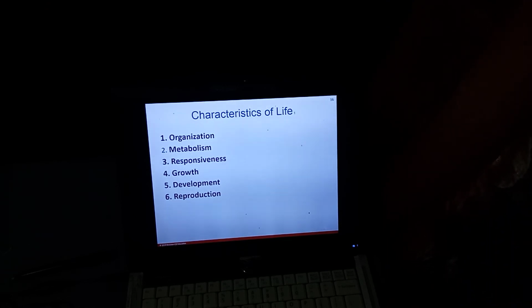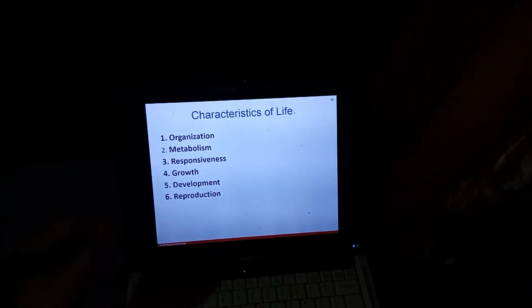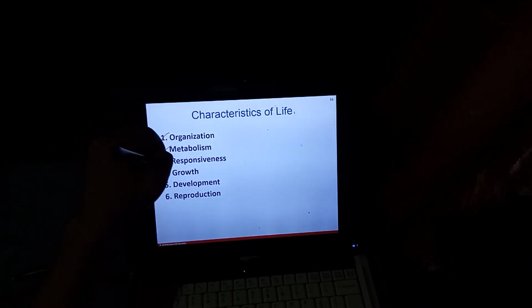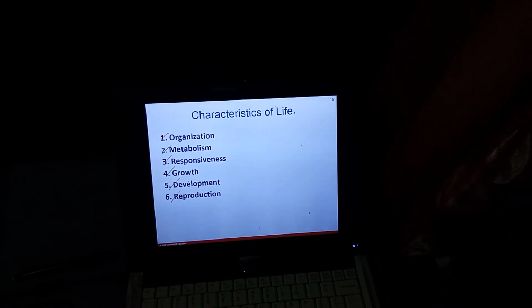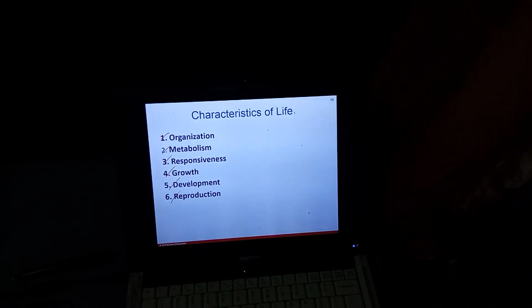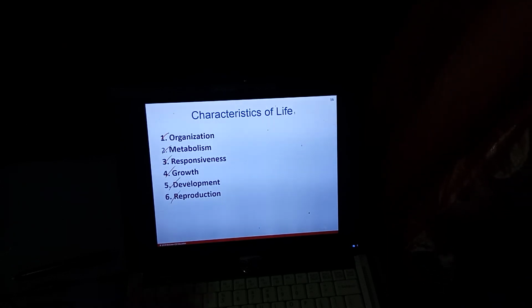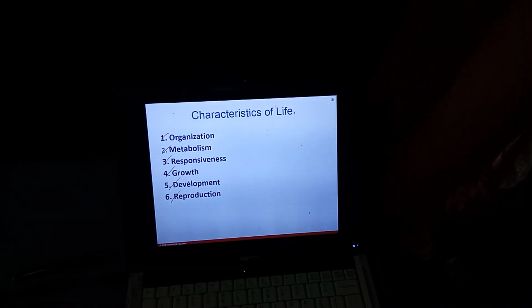Okay, we go to the different characteristics of life. We will just go over them. We have organization, metabolism, responsiveness, growth, development, and reproduction. Just an overview. If we say organization, we all know there's a relationship between parts of the organism. So, pag sinabi nating organization, that's the functional interrelationship between parts. And then metabolism, that's the sum of all the chemical and physical changes that an organism should sustain.